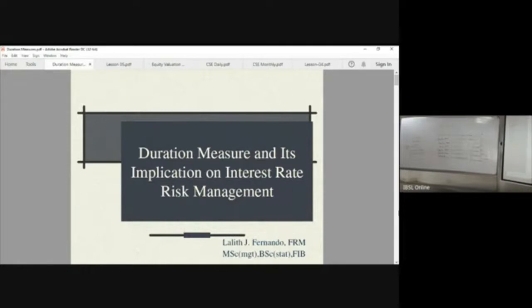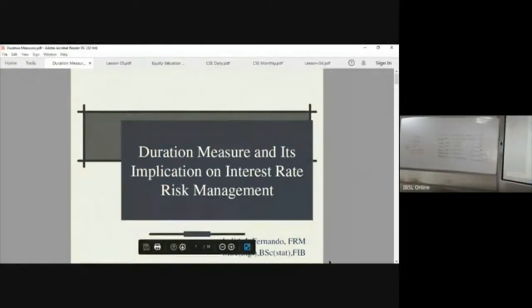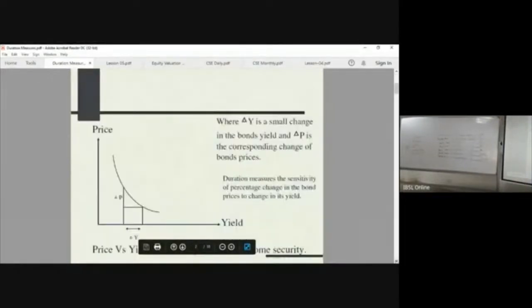Right now, that is how the duration is so important. Here I just want to show you the relationship of yield and price of a bond.